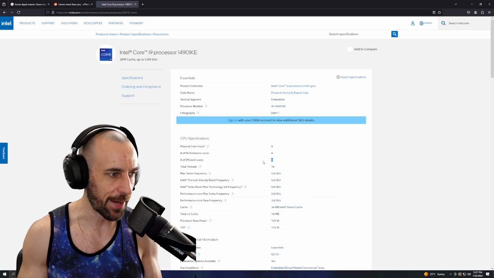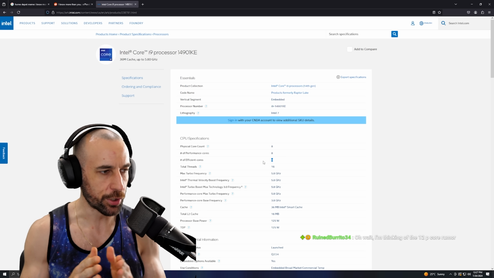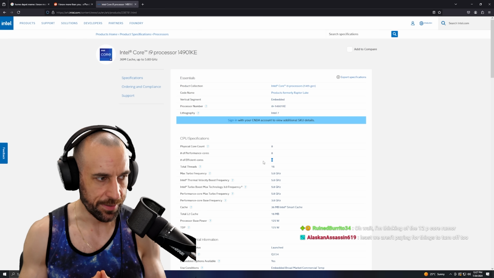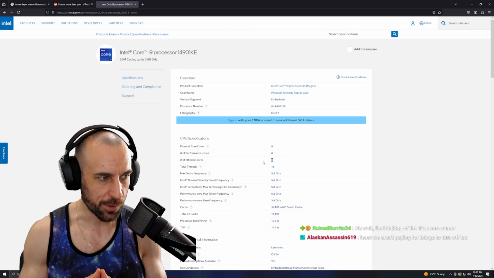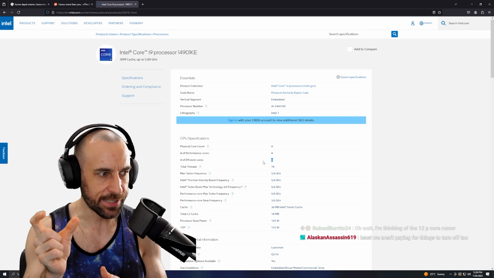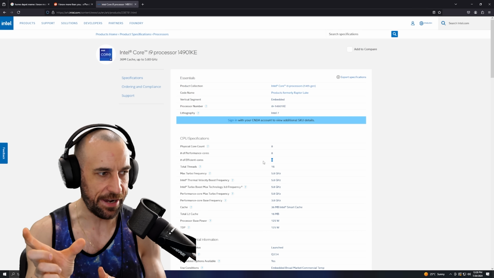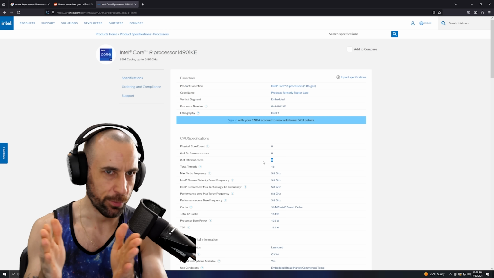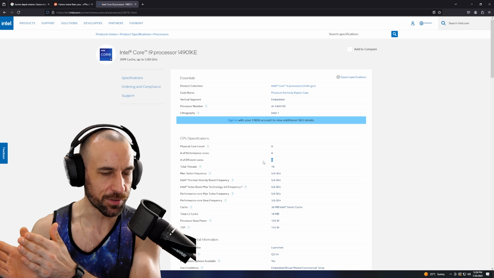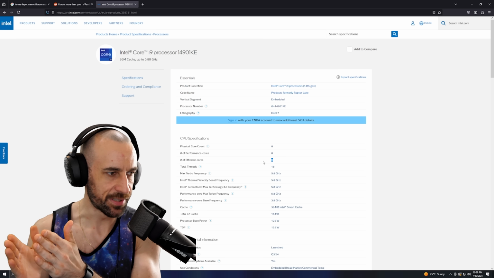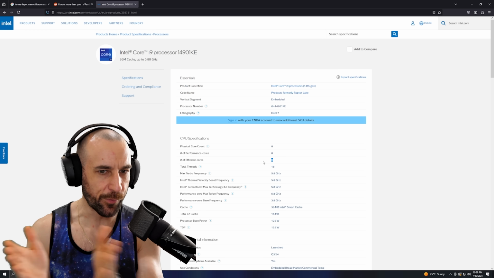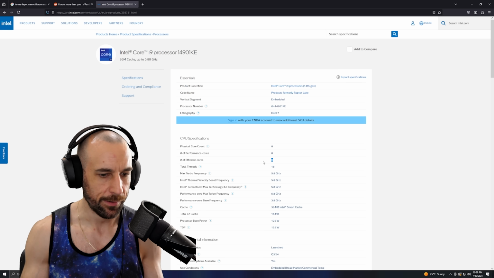When you launch Spider-Man in Windows 11 with a 14900K, it detects what CPU you have. So it knows you have a 14900K, and then it looks for the E-cores for some reason. And if you have the E-cores disabled, your 1% lows go to complete shit.